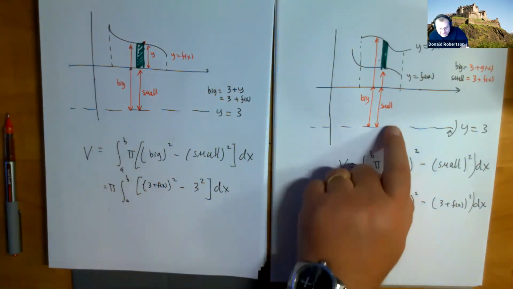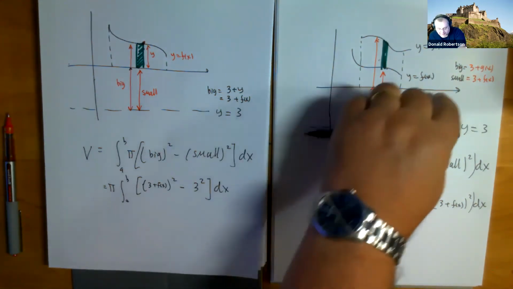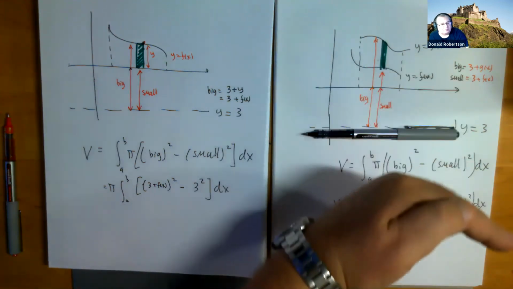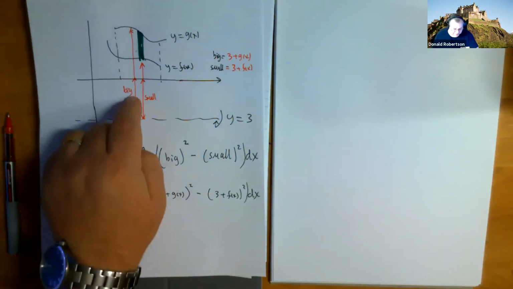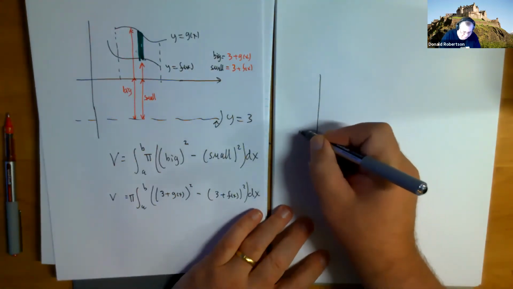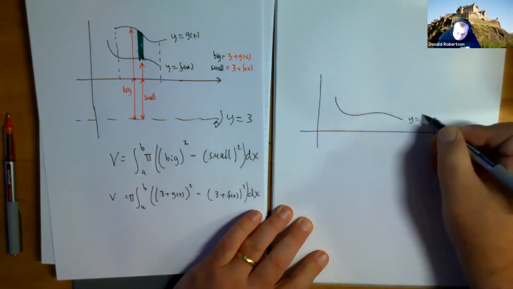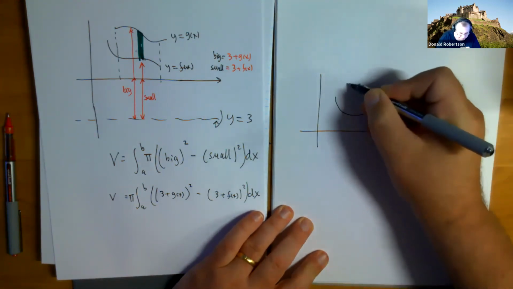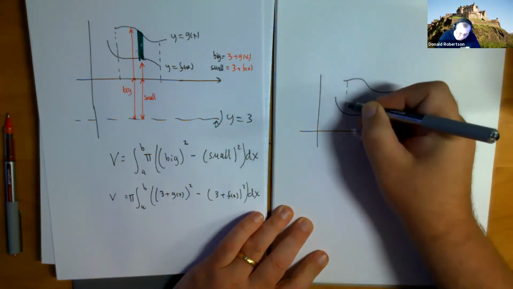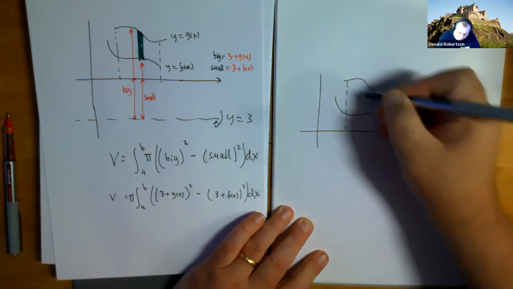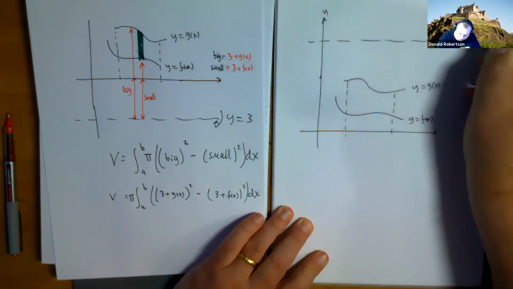Now, for each of these two, I have put the axis of rotation parallel to the x-axis, but I've put it below the shape. So what's going to happen if I take that same picture, there's my y equals f of x, there's my y equals g of x, and I start here and finish here, but I rotate about a line that's way up here.